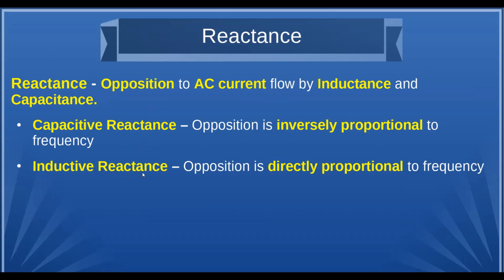If it's inductive reactance, it's going to be directly proportional to the frequency, which means the higher the frequency, the higher the opposition to current flow. Whereas with capacitance, the opposition to current flow is less the higher the frequency.